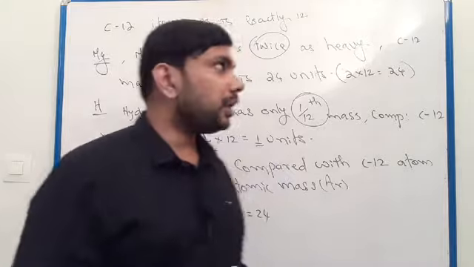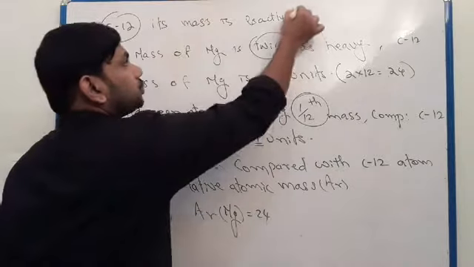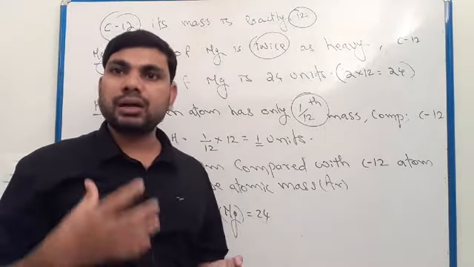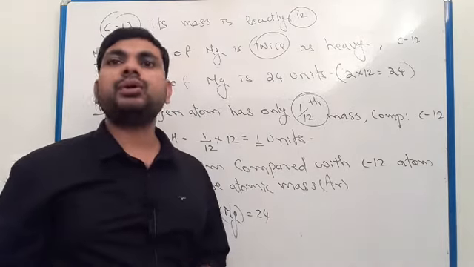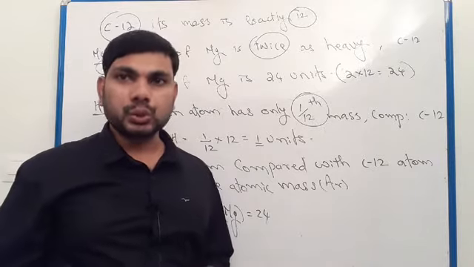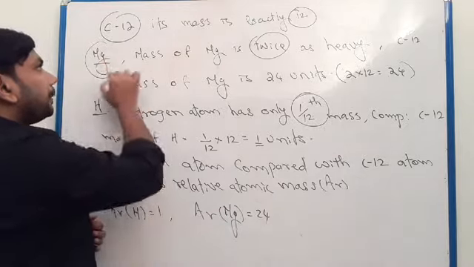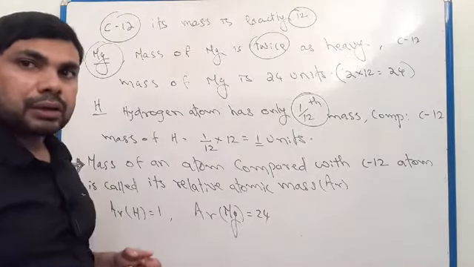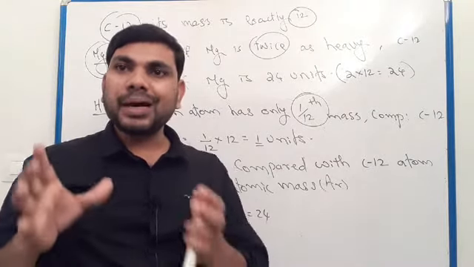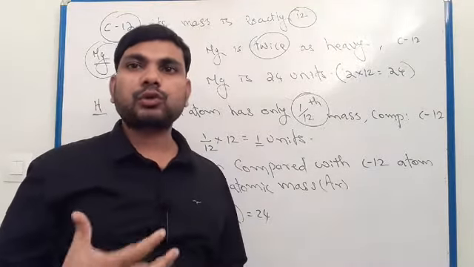We will consider the mass of carbon-12 to be exactly 12 unit, because it contains 6 protons and 6 neutrons. When you want to find the mass of magnesium, you compare the mass of magnesium with carbon-12 using a spectrometer.